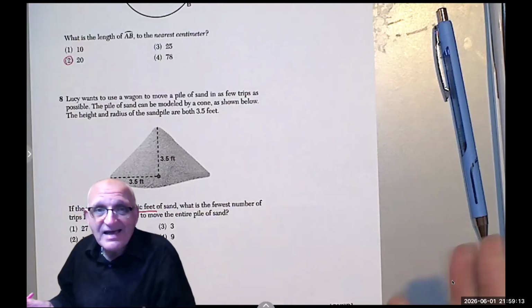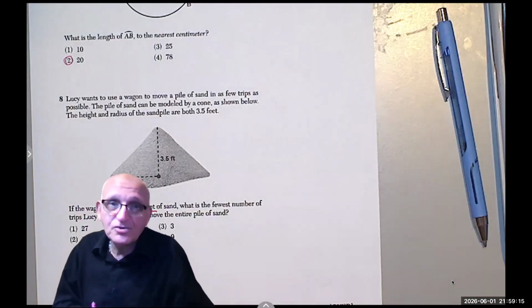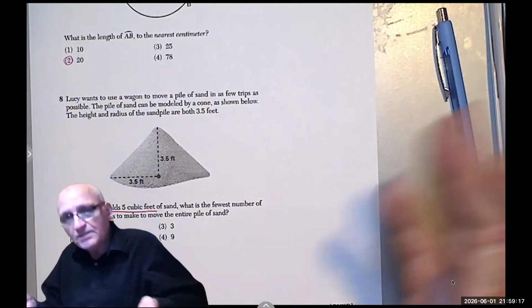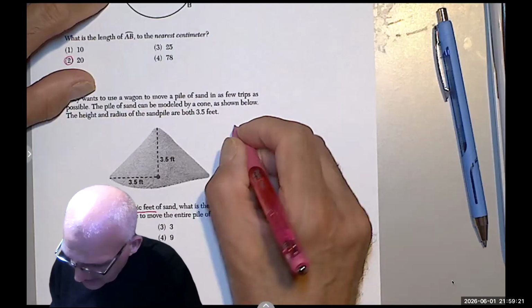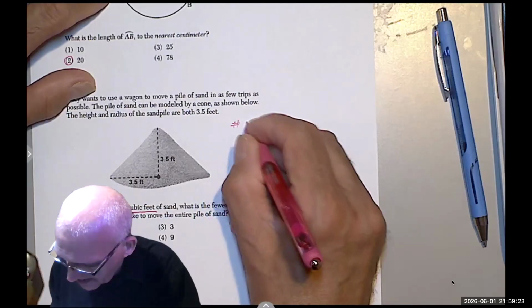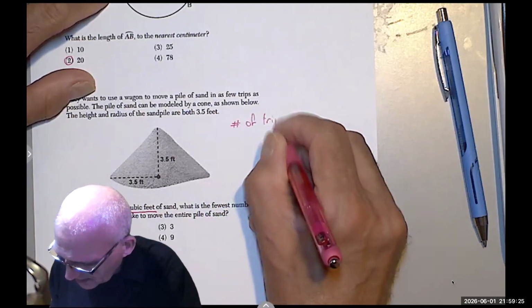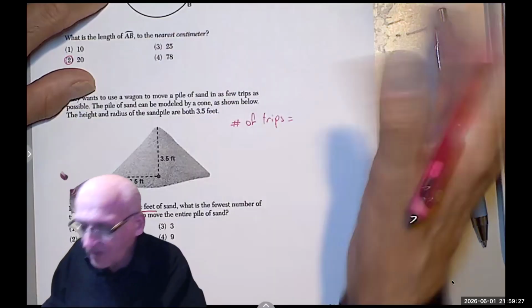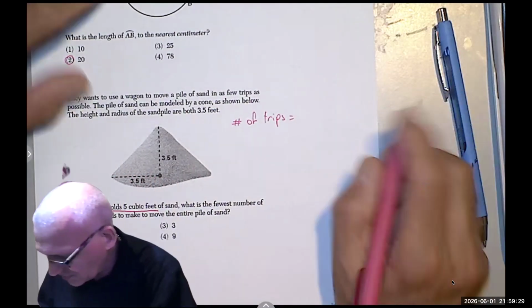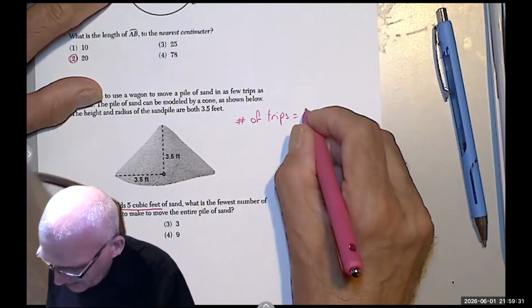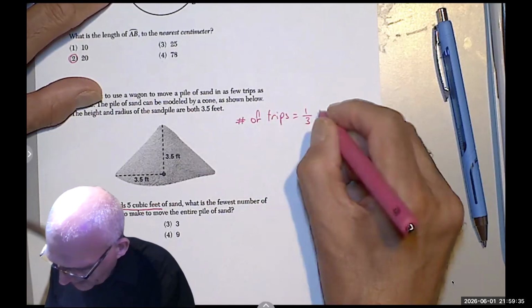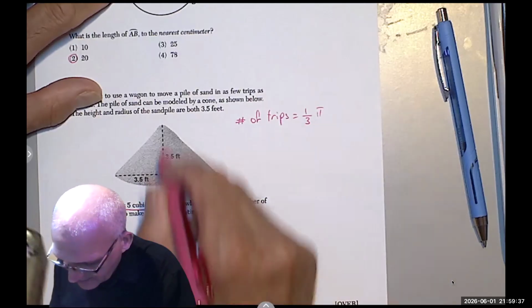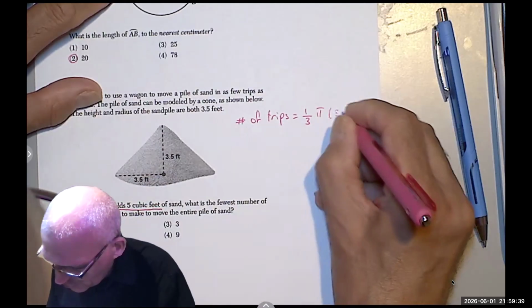If you get 4.5, you can't have 4 loads, would not be enough. But 5, you will have some extra, right? So the number of trips is the ceiling. We are going to find it and then round up. The volume of the sand is 1/3 pi r squared times height, or 3.5 cubed.